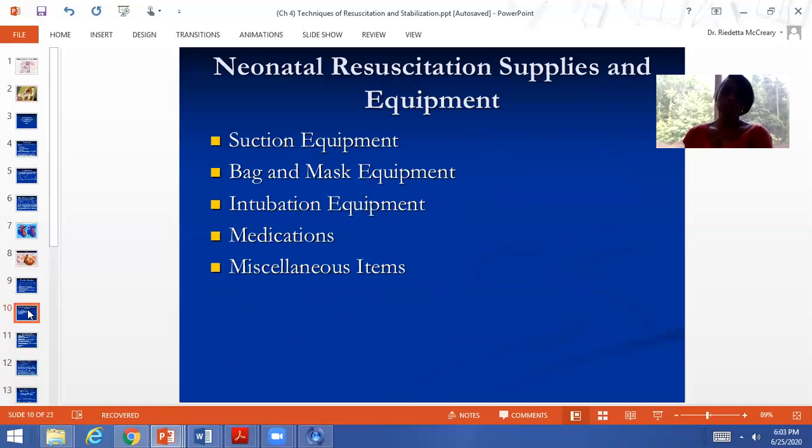Okay, neonatal resuscitation supplies and equipment. At the very least, you need suction. You need something to deliver ventilation with, so bag mask ventilation via flow inflating or self-inflating bag, or a T-piece resuscitator if your facility has one.